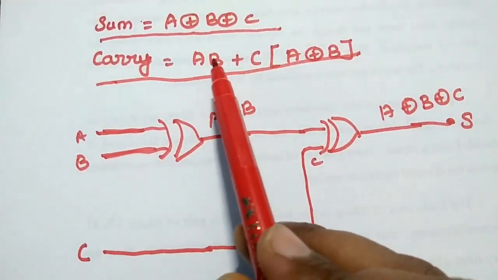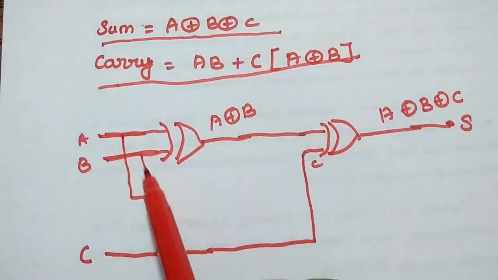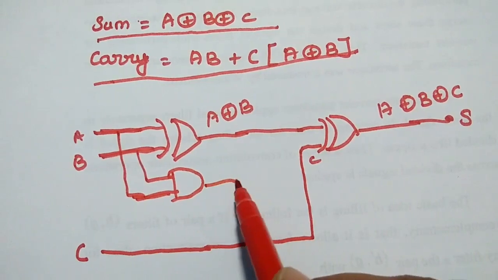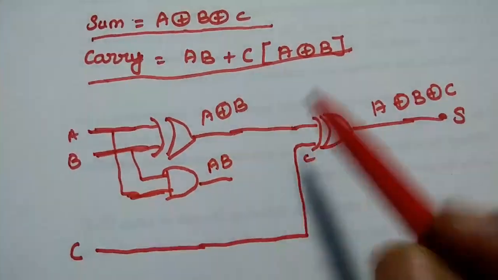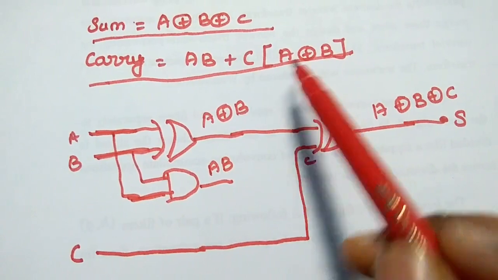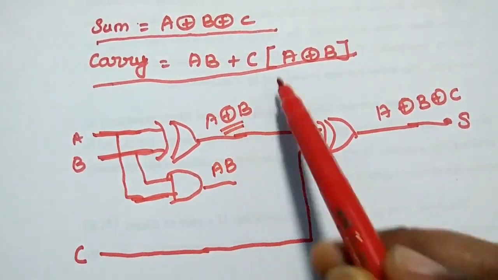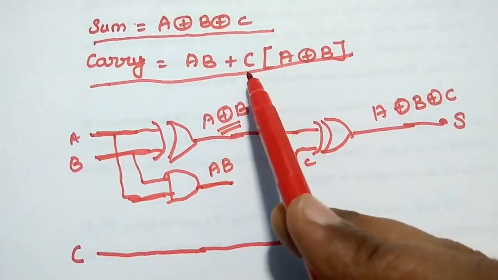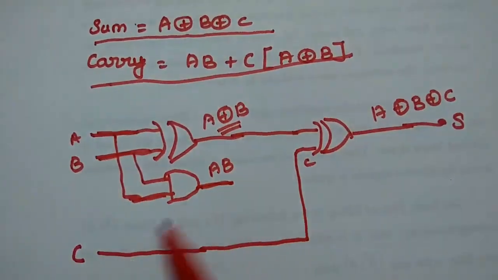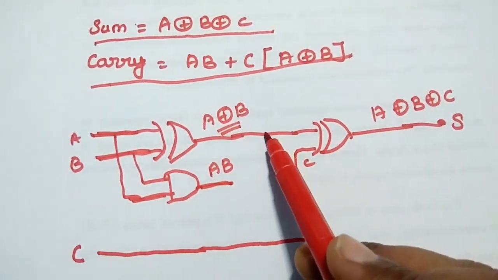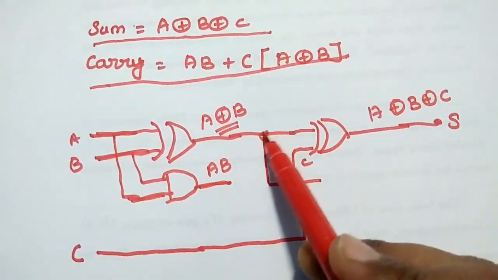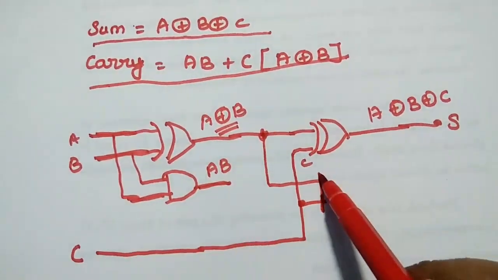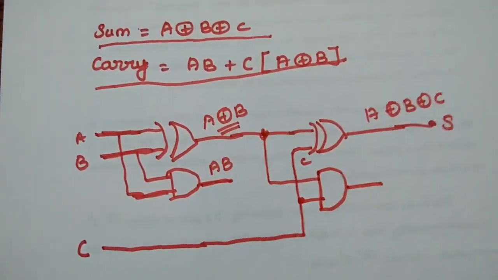Now we are going to draw the circuit for carry. Carry means A into B, so we multiply these two values and get AB here. The next step is to multiply this XOR value with the bit C. So we take this value A XOR B and this C, and both are given as input to another AND gate.